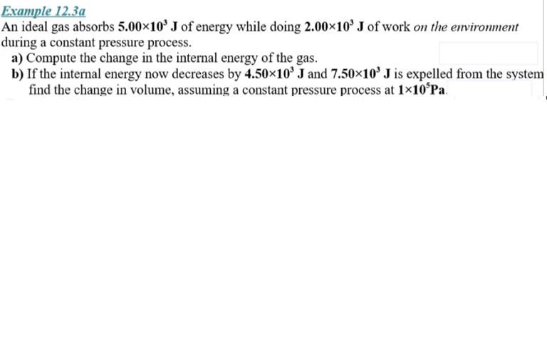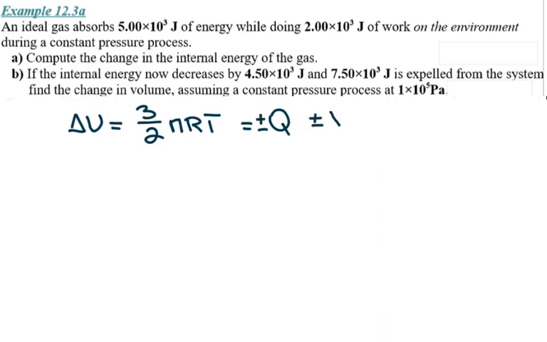In this question, they say an ideal gas absorbs 5,000 joules of energy while doing 2,000 joules of work on the environment during a constant pressure process. Compute the change in the internal energy of the gas. So the internal energy of the gas, delta U, is equal to 3/2 nRT, but it also equals the heat into or out of the system, plus or minus, so it could be positive or negative, and plus or minus the work done on the system or by the system.